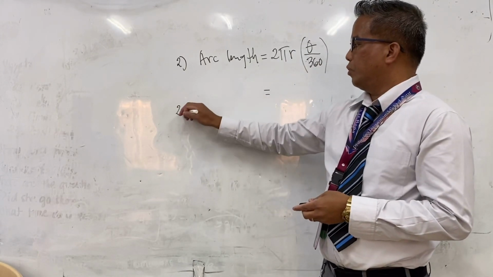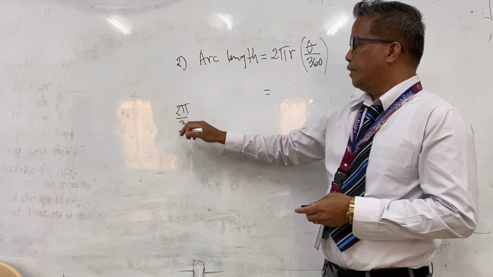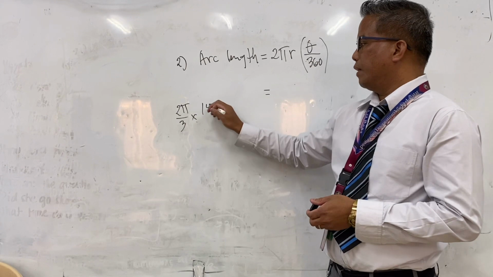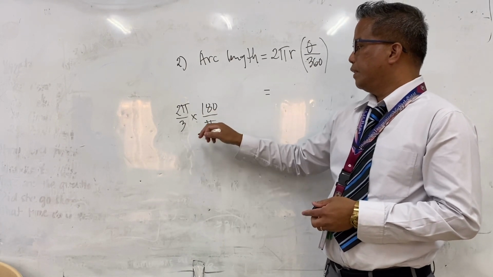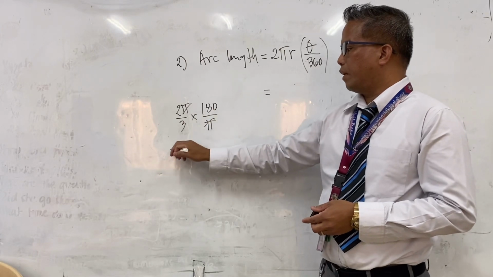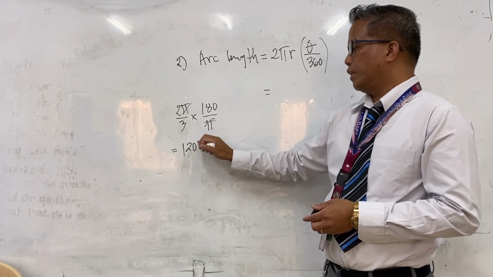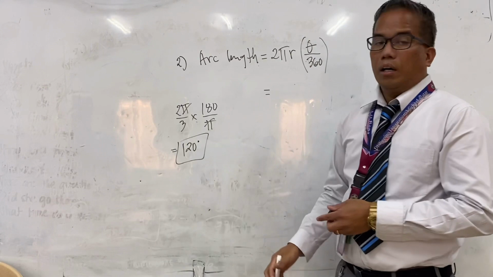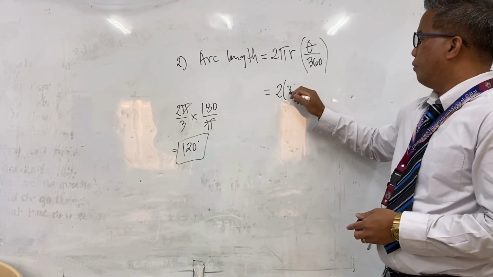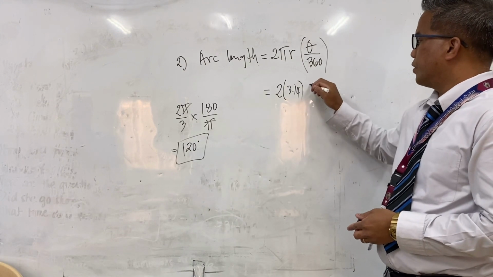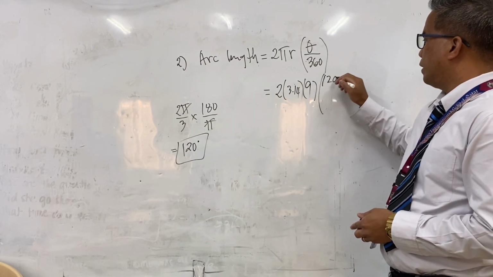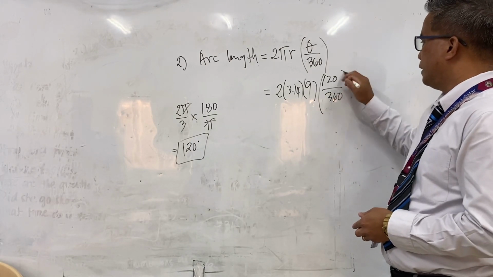We can change 2 pi over 3 to degrees by multiplying by 180 over pi. We can cancel pi, multiply 2 times 180 divided by 3. The answer is 120 degrees. Now we will substitute: 2 times 3.14, the radius is 9, times 120 over 360.